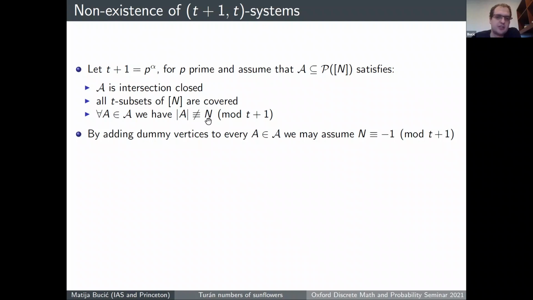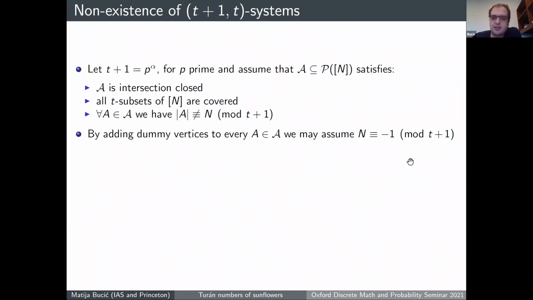In total, this condition is going to be preserved because both these terms increase by the same amount. It's also not hard to check that by doing this, the other things get preserved. But this allows us to choose, in some sense, how big our ground set is going to be, and in particular, choose it to be congruent to -1 modulo t+1.